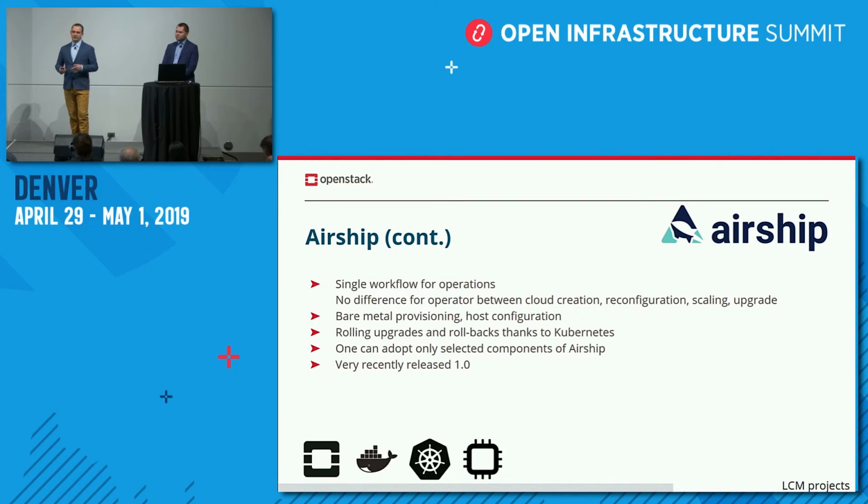Recently, the Airship community actually tends towards using the Kubernetes Cluster API with Metal3 and, indirectly, Ironic. Thanks to Kubernetes, it can do rolling upgrades and rollbacks.